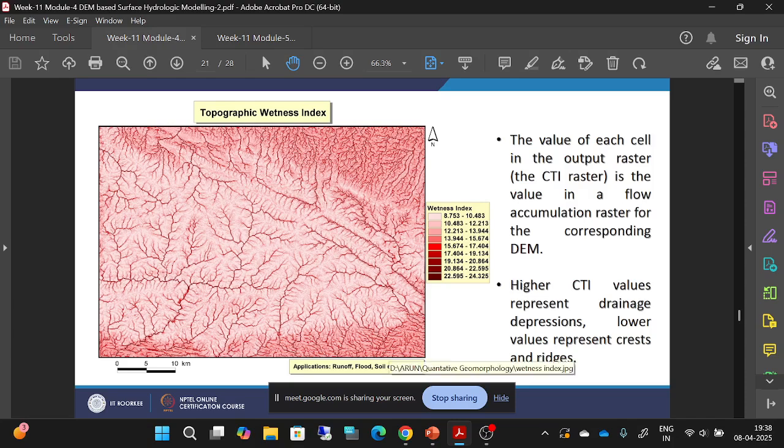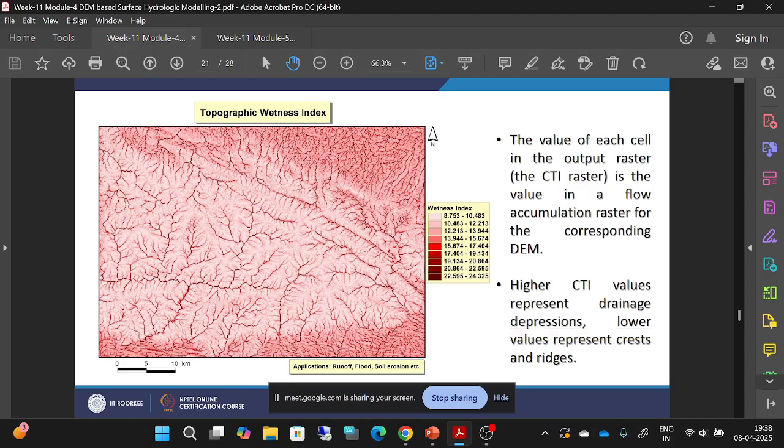A higher topographic wetness index represents the drainage depression, because that is where you have a lot of water. So obviously wetness is going to be higher. And these are the drainage lines that you're seeing here. Lower values represent the crest or ridges, because that's a slightly elevated region where water is not going to stay. It might be there a little bit, but not as much as in the depressions.